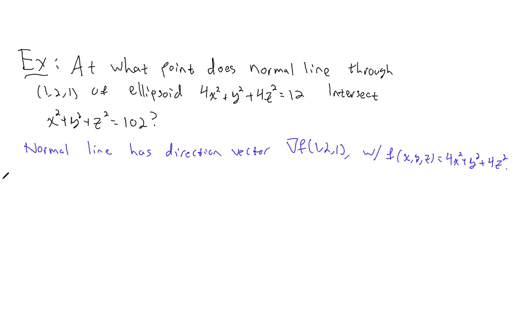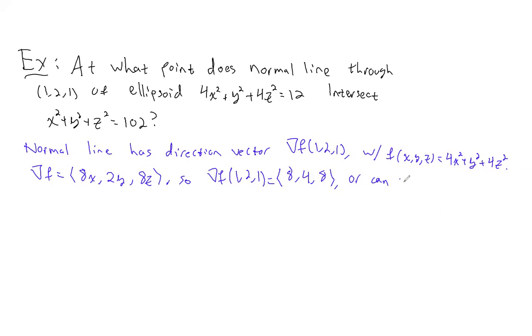So the gradient of f is 8x, 2y, 8z. Plug in the point 1, 2, 1, and the gradient now becomes 8, 4, 8. And again, we can also use the parallel vector 2, 1, 2.